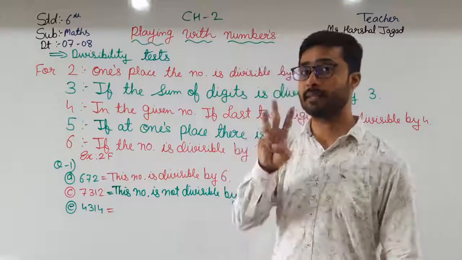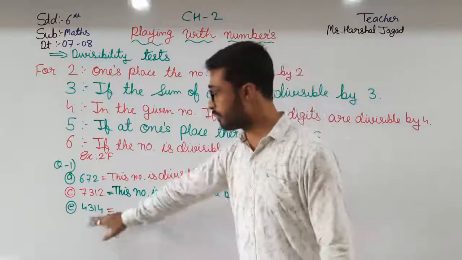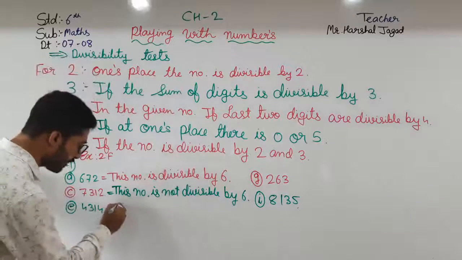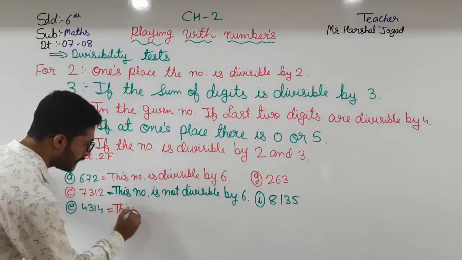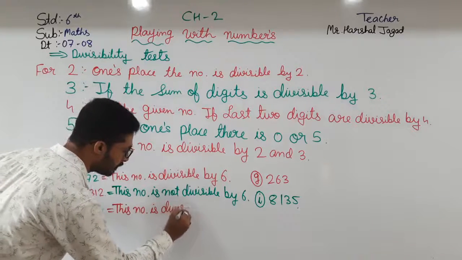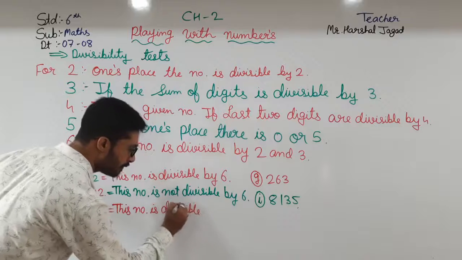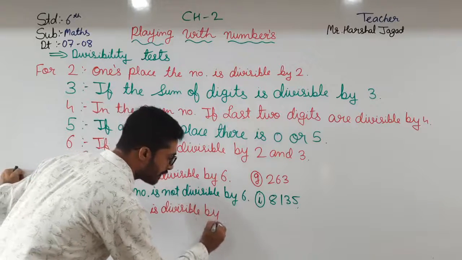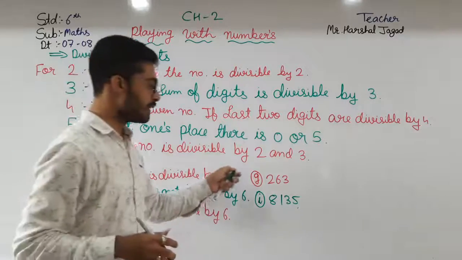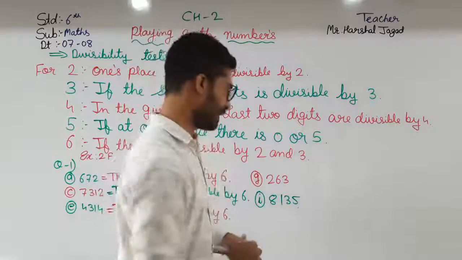Yes, 12 is divisible by 3. So this number is divisible by 3. So here this number is divisible by 6.